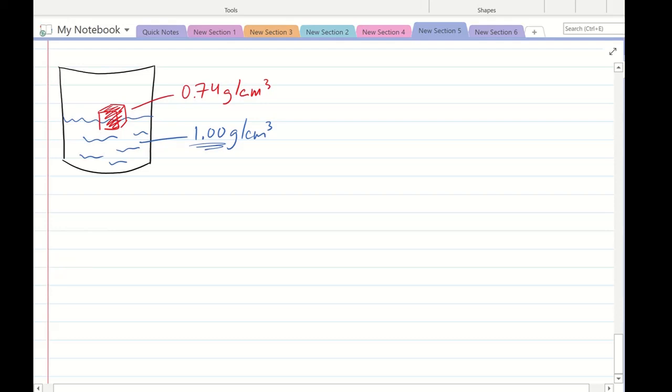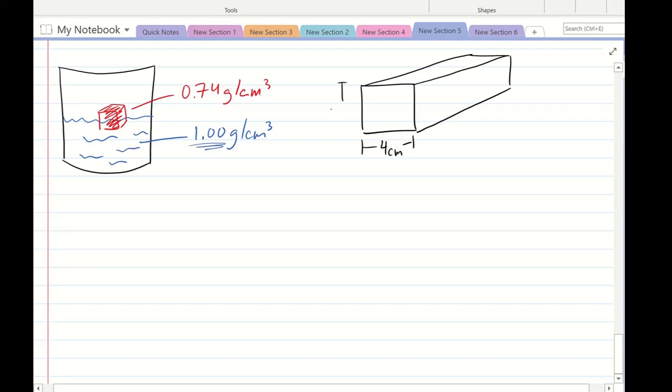Now, if you have nice objects like this, any cubes, like I said before, or a rectangular prism. So let's say in this case, we had a rectangular prism. On this side, it's 4 centimeters. Height is 5 centimeters, even though it looks square, because I drew that. But the width, or the depth of it, let's say, is 10 centimeters.